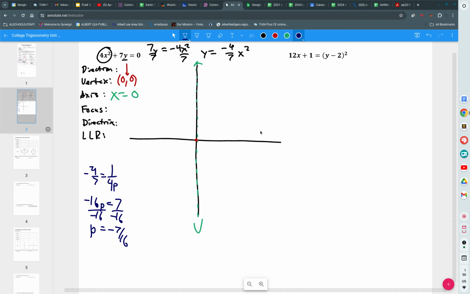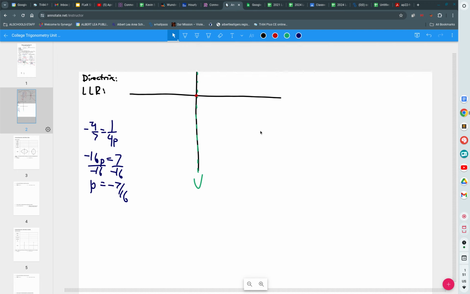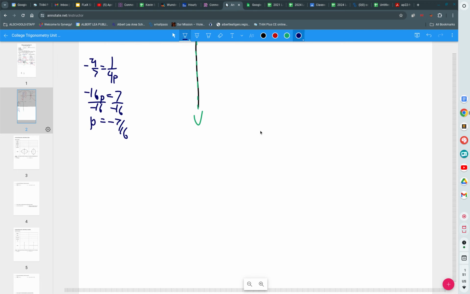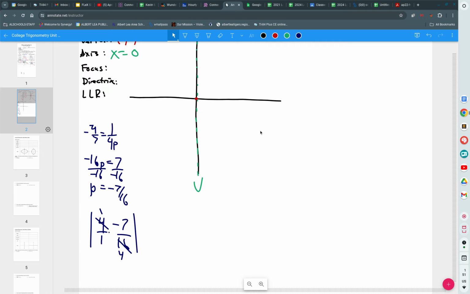I'm going to use that to find the length of the latus rectum right now so I can figure out what kind of scale to make this. The latus rectum is going to be the absolute value of 4 over 1 times negative 7 over 16. And notice that when I multiply that, the 4 over 16 reduces to a 1 over 4. And so the length of the latus rectum is simply going to be 7/4.